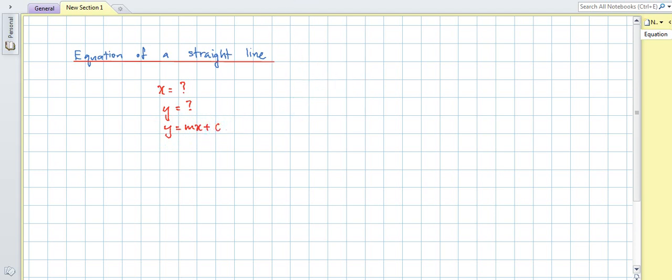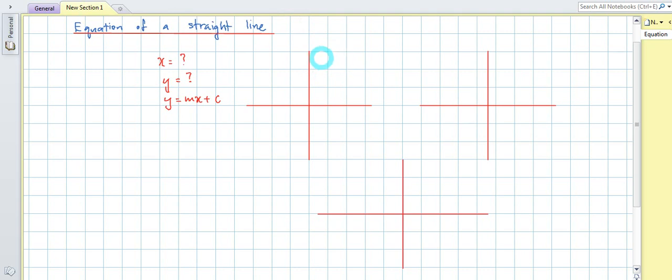Okay, so let's say you have a straight line going vertically like this, going upward vertically, and the equation will be in this form: x equal to what? Let me explain to you. Let's say this is 2, and this is 1, 2.